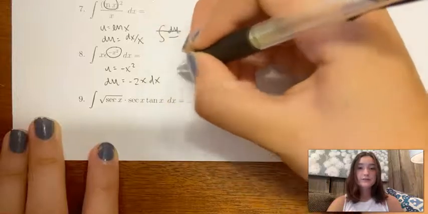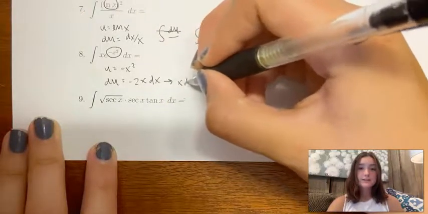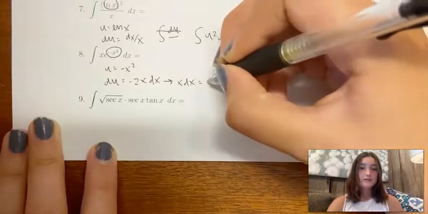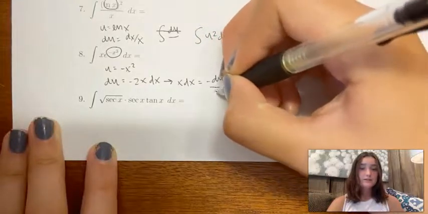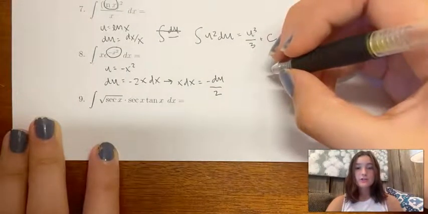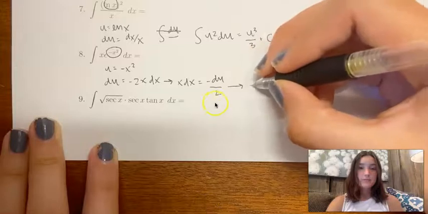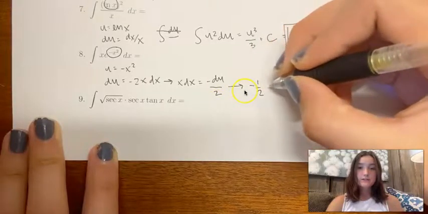negative 2x dx. And I'm going to show my work for isolating the dx this time. So I would get x dx equals negative du over 2. I'm keeping all my x's on this side and everything else on this side. Then I'm going to isolate a little bit more.